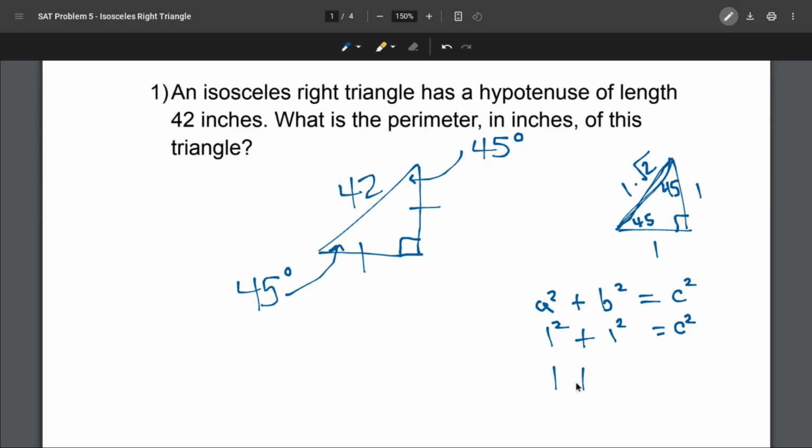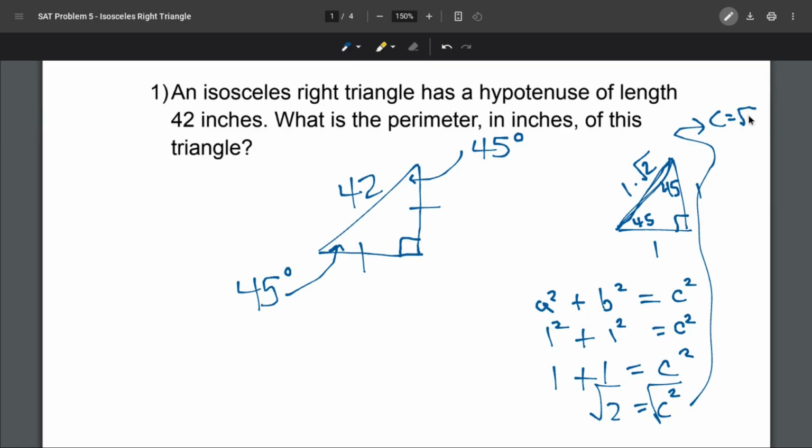So this is 1 plus 1 equals c squared. 1 plus 1 is 2. And if you take the square root to get from c squared to c, you're going to get c equals the square root of 2. Okay, so that means this side is whatever this side length is times the square root of 2.